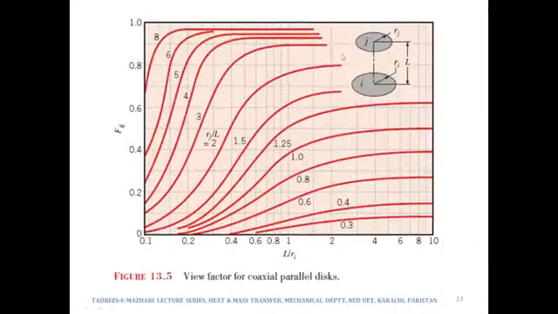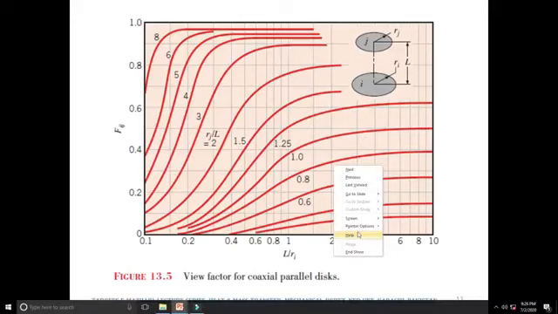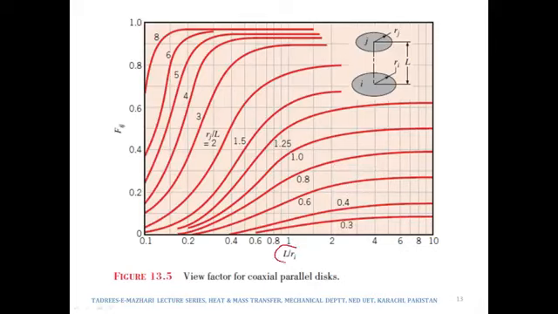The second case, this chart pertains to the second case of coaxial parallel discs. So over here we need to calculate two parameters again. One is L over Ri, where L is the distance between the two discs and Ri is the radius of this surface, and Rj over L, where Rj is the radius of this surface and L is the distance between those two surfaces. So if we calculate L over Ri and Rj over L, at the intersection of the two we would be able to read out the value of Fij.